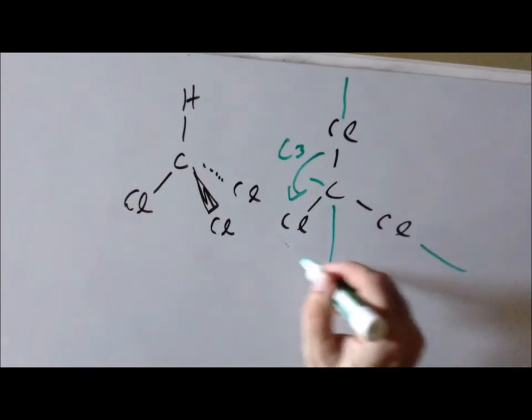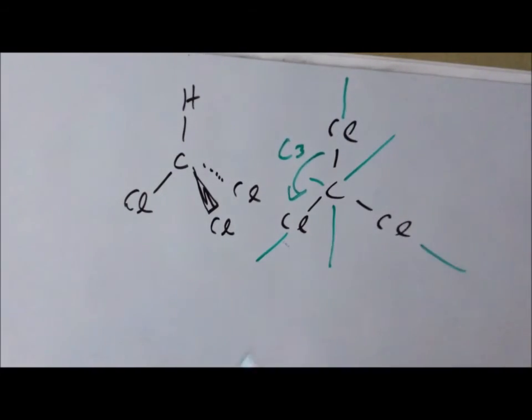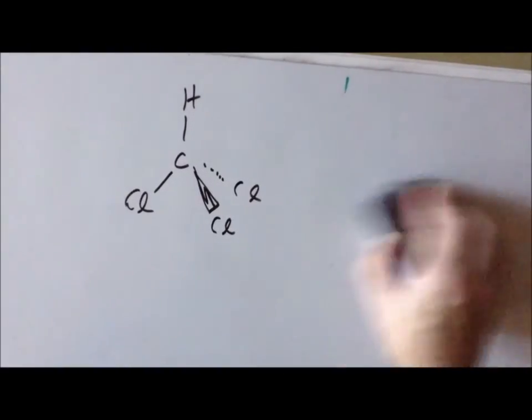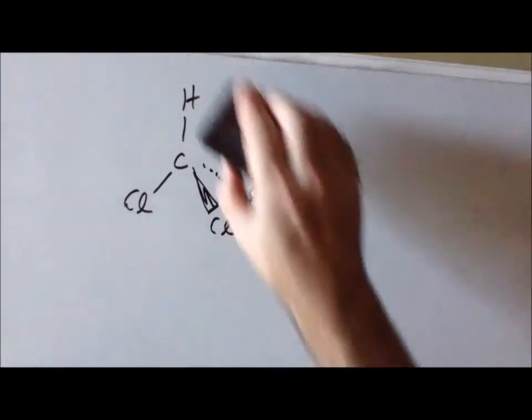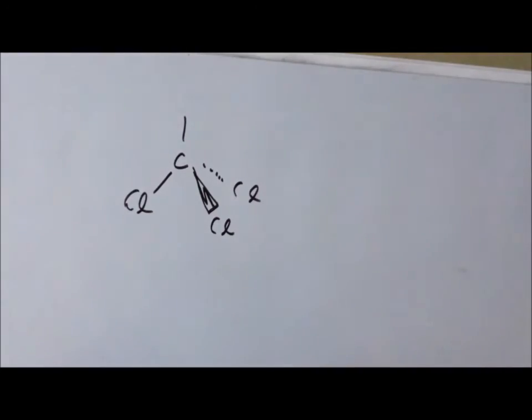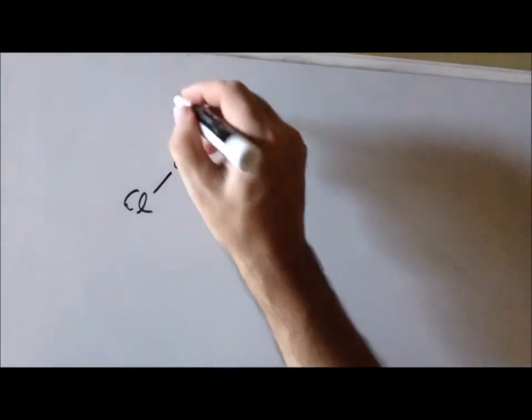And if I just go whole hog and decide to replace the last hydrogen with a chlorine, now I have 4 chlorines on there. I have the compound known as carbon tetrachloride, a compound that used to be widely used for dry cleaning, but is not used so much anymore because it's widely believed to be a carcinogen.